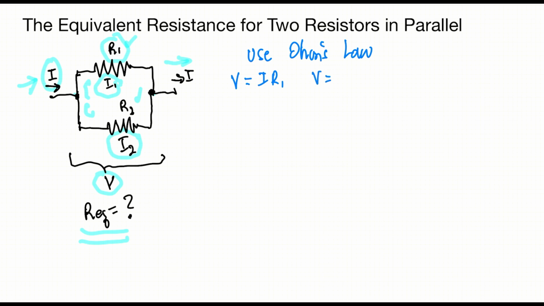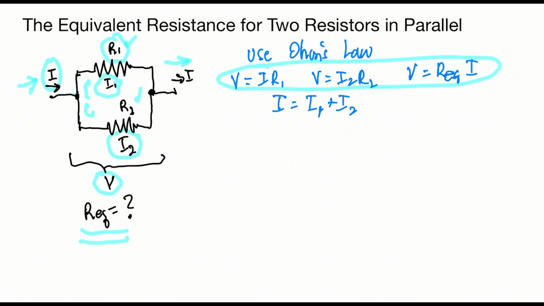V is also equal to I2 R2, and V is also equal to the equivalent resistance times the total current. Now we know this total current is made up of I1 plus I2. So what we can do is put these Ohm's law equations into this.